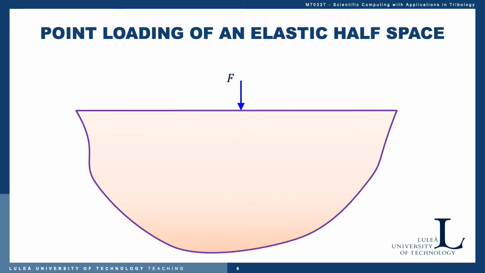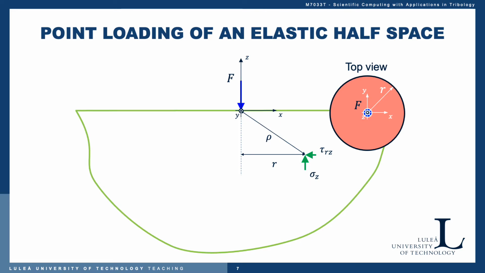So let's imagine we have a point loading of an elastic half space. A force is pointed at a position x, y, and z equals 0. So due to this point load at the position x, y, z equals 0, we will have a subsurface stress field developing.